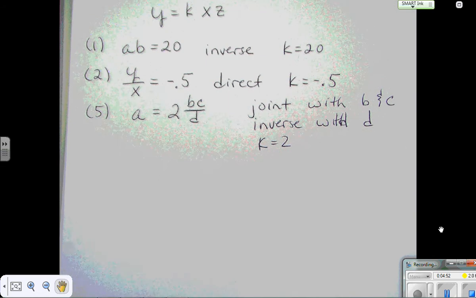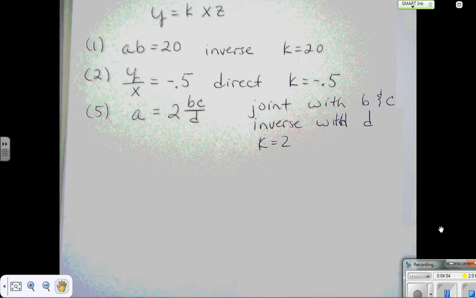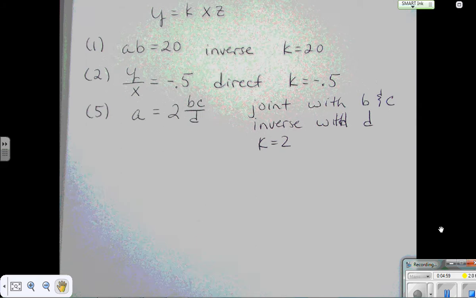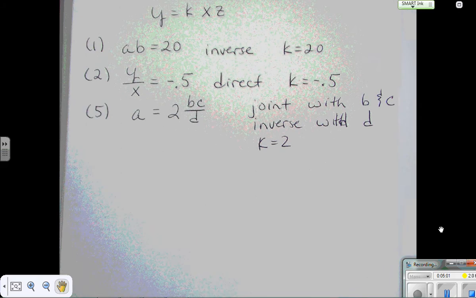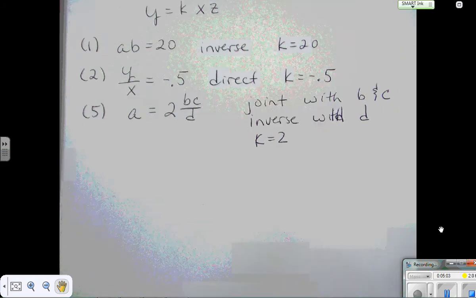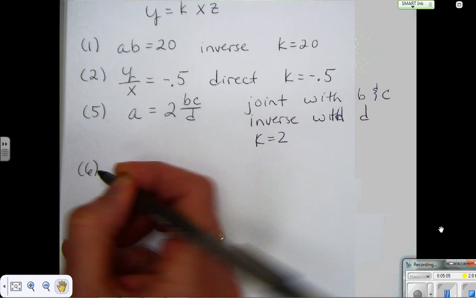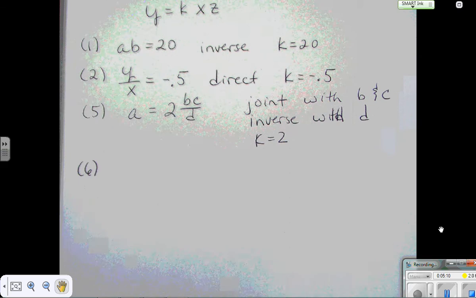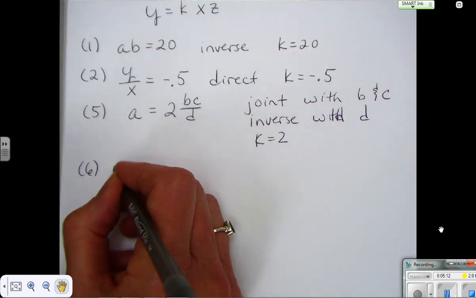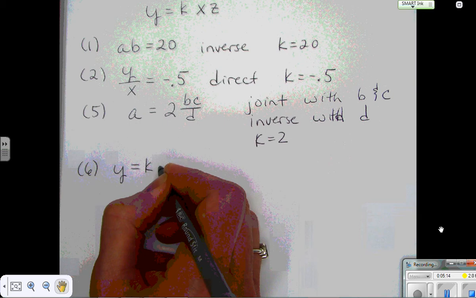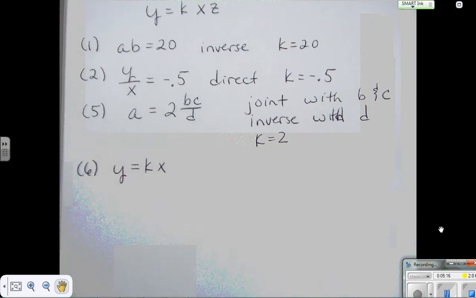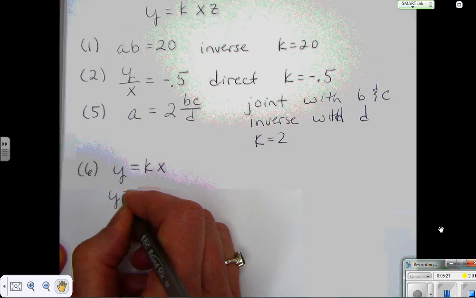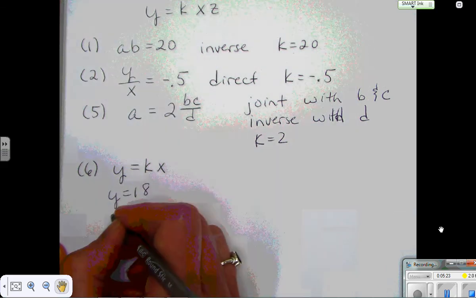Okay, let's go on to the second part of this, where we're actually going to be solving for an unknown. It says use one statement to find the value of the constant of variation and then find the missing value. So we're looking at number 6. Y varies directly with X. So it's going to be a direct variation, so you're going to set your problem up in the form of Y equals the constant times X. Okay, so Y is 18 when X is 15.